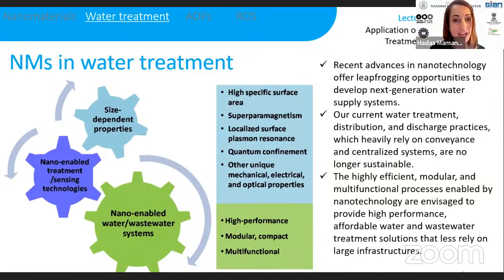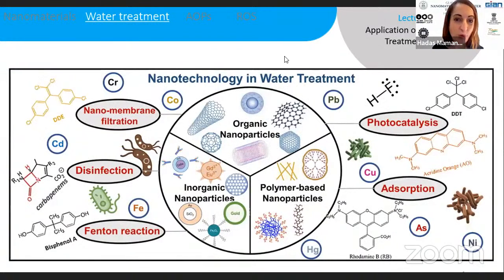And I think we have enough body of knowledge to not always think of designing new materials, but to take the current materials to the next step. Okay, so when we look at nanotechnology in water treatment, we already discussed it. We have organic nanoparticles, polymer-based nanoparticles, and inorganic nanoparticles.